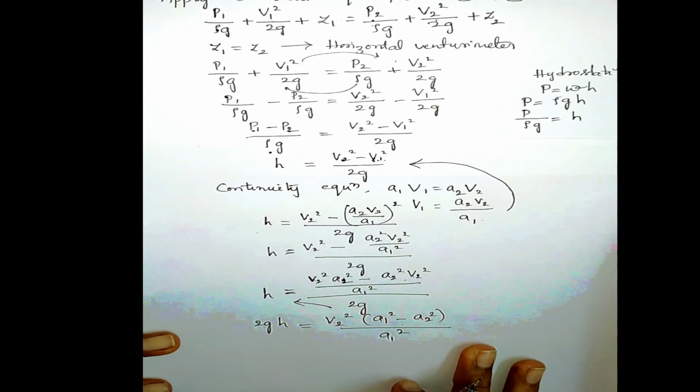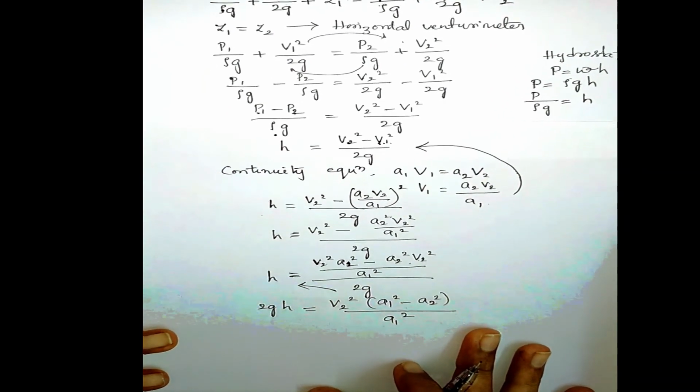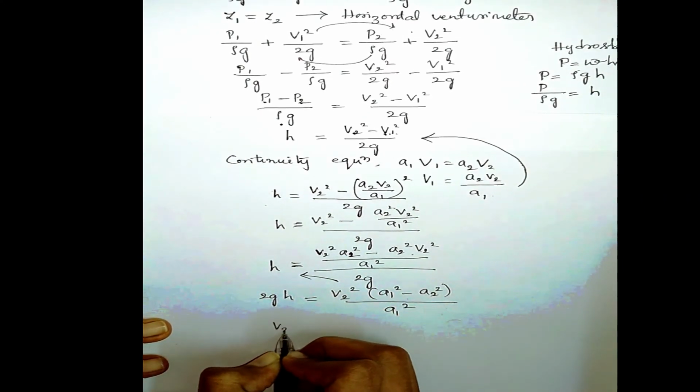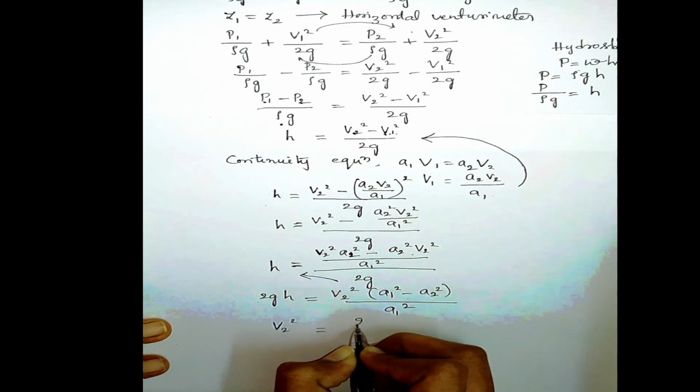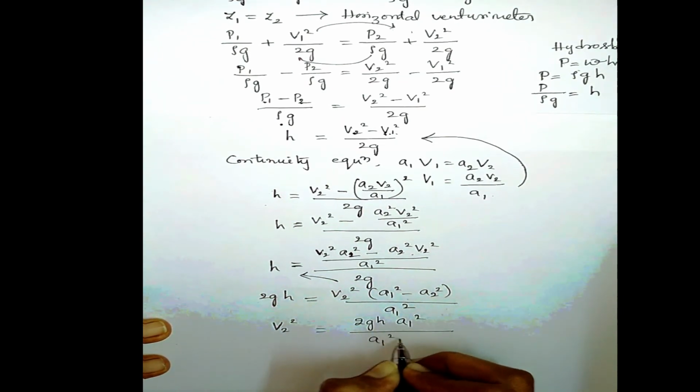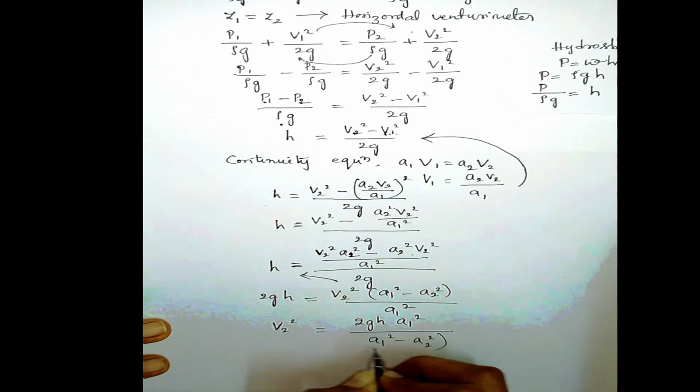So we have to get the equation for V2. V2 square will be equal to 2gH A1 square divided by (A1 square minus A2 square).